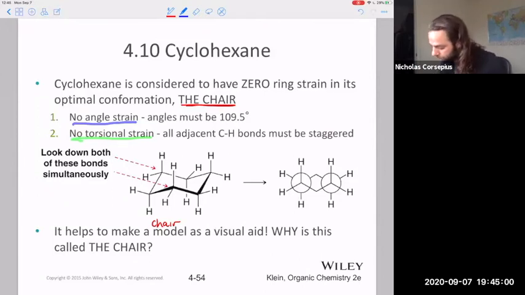So let's make sure that we can follow what's going on here. Let's just take this guy. This is going to be one of my front carbons. It's got this hydrogen sticking up. That is what we call an axial position.